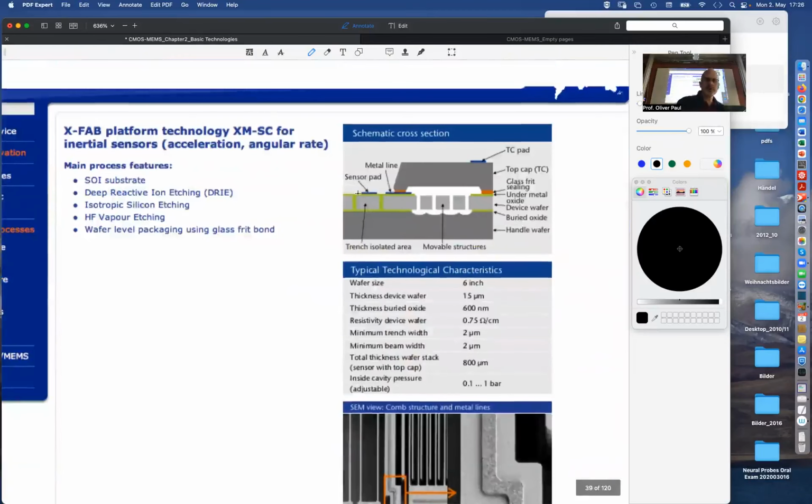Here are some inertial sensors. So this is based again on some more complicated silicon substrate made of several layers. It looks like a silicon on insulator substrate that can contain some circuitry outside of this region here.